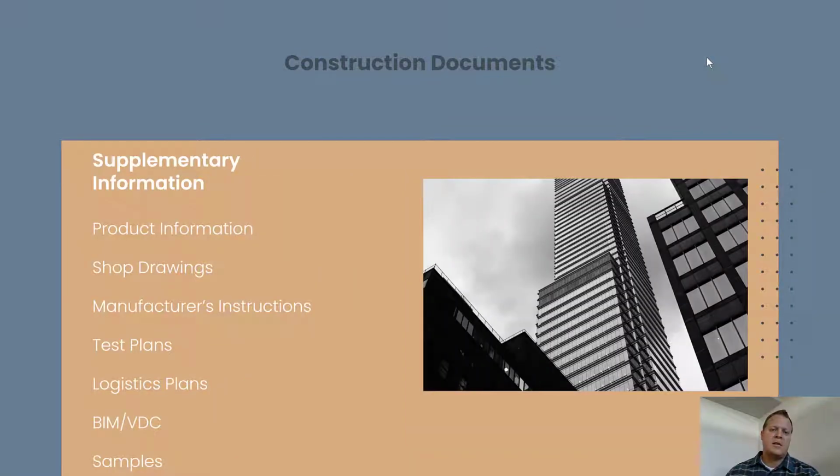I use the term construction documents. I don't know if I'm using legalese or the right wording, but I wanted to separate the contract documents from other construction documents, because not all documents have the same contractual weight. I would call these supplementary information derived from the contract documents, from the drawings and the specifications.